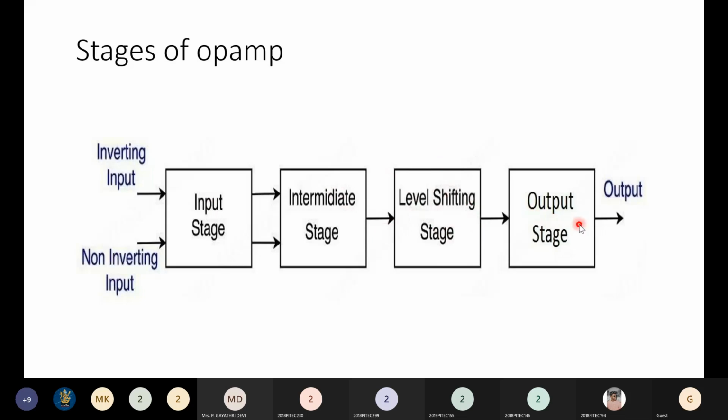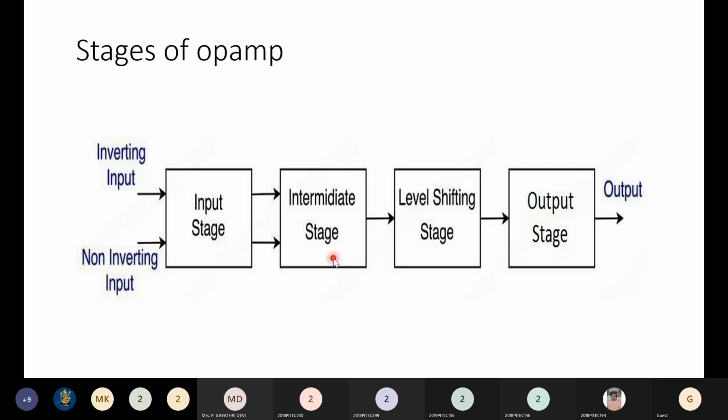Again, the output stage also has two purposes. One is, it has to provide low output impedance, and the second one is, it has to provide a symmetrical swing. Okay, this is achieved by complementary symmetry push-pull amplifiers. Got it? So I just repeat, every stage has two purposes. Okay, first stage, the input stage, is a dual input balanced output differential amplifier, which is there in order to give high input impedance and high voltage gain.